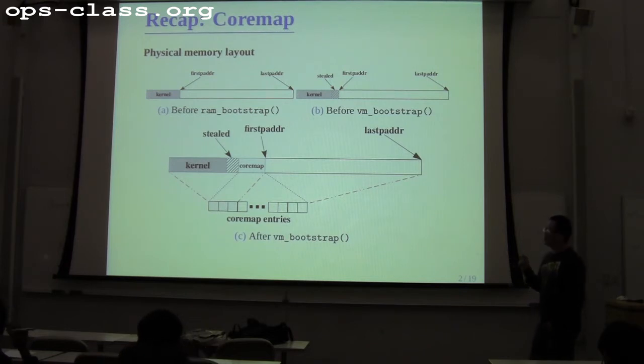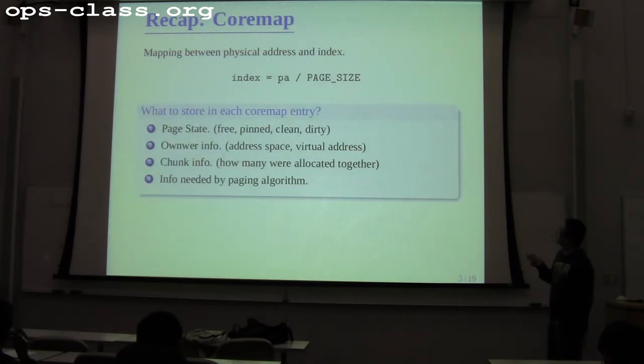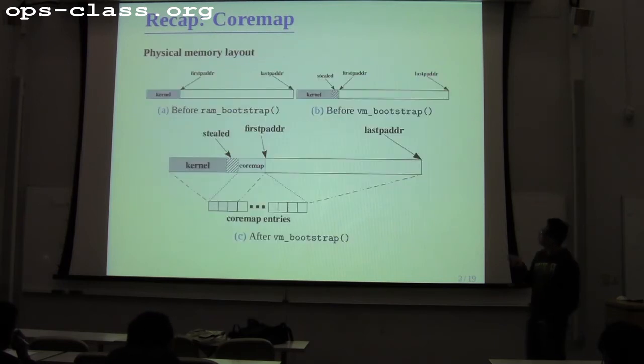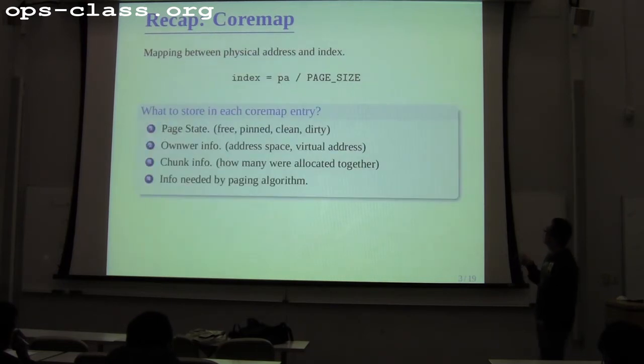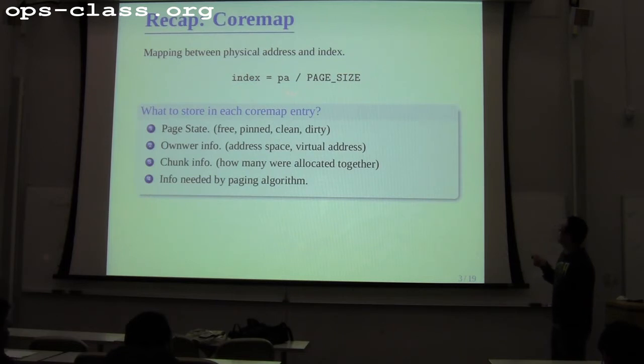The advantage of this mapping is that the mapping between the coremap entry index and the physical address can be calculated very easily, using this formula. Suppose we get a physical address, we can divide it by page size.